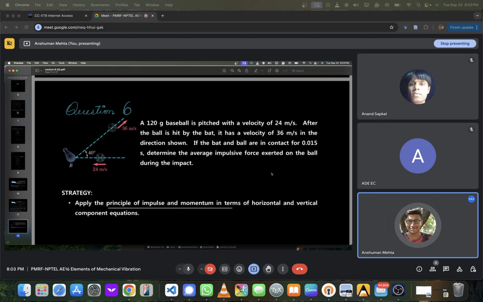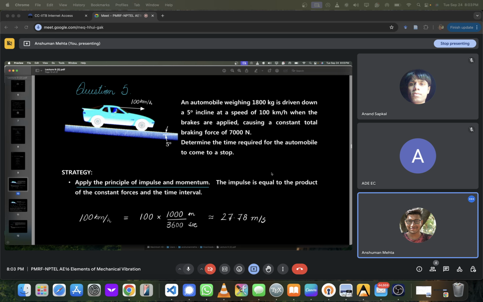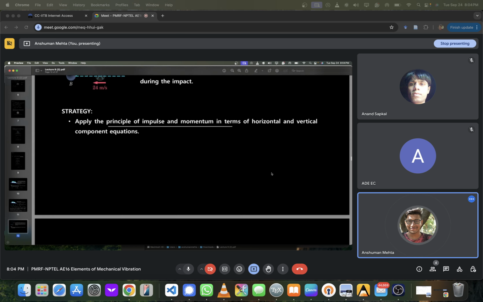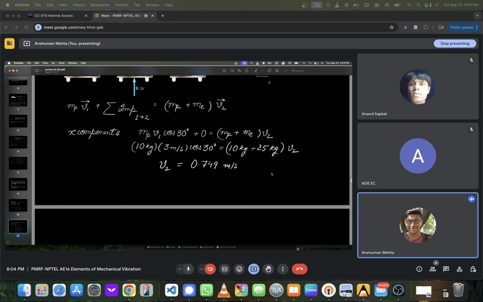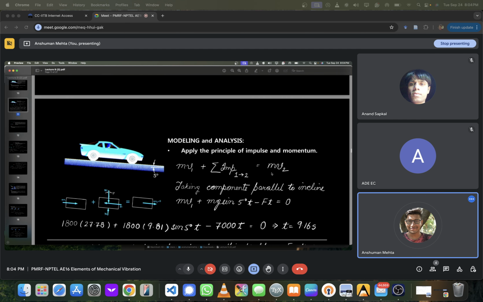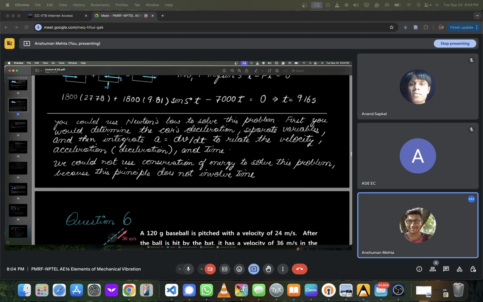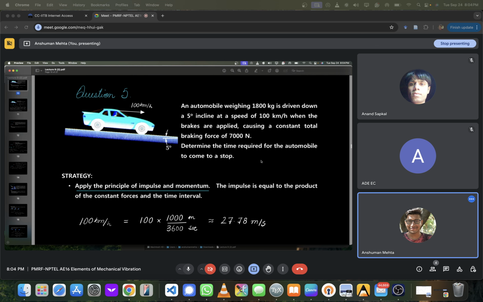We'll go step by step. So first step is to evaluate the change in kinetic energy. So let's see what is happening. Let's say it has moved up to x meters. So V1 is 72 km per hour.